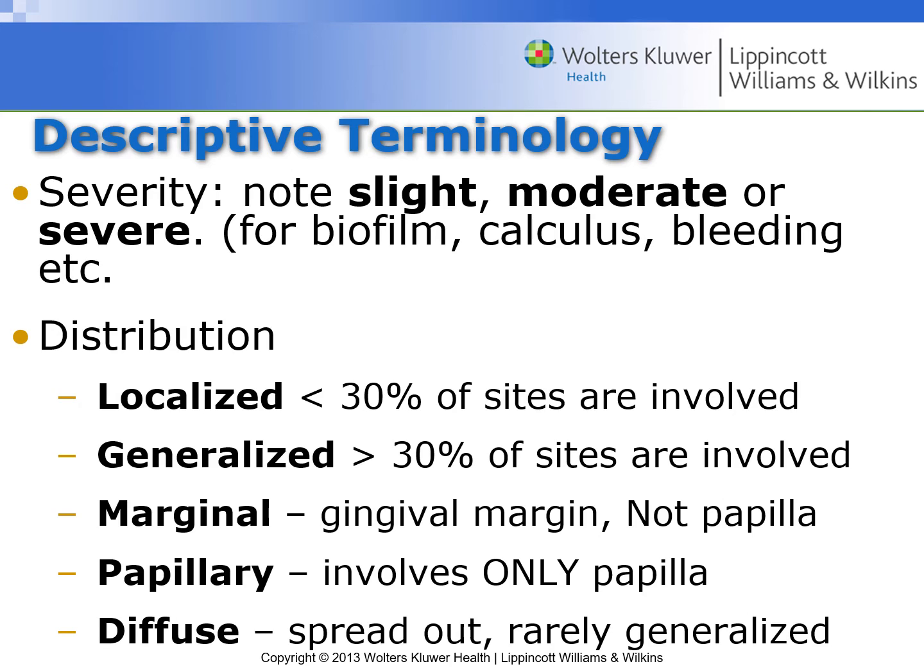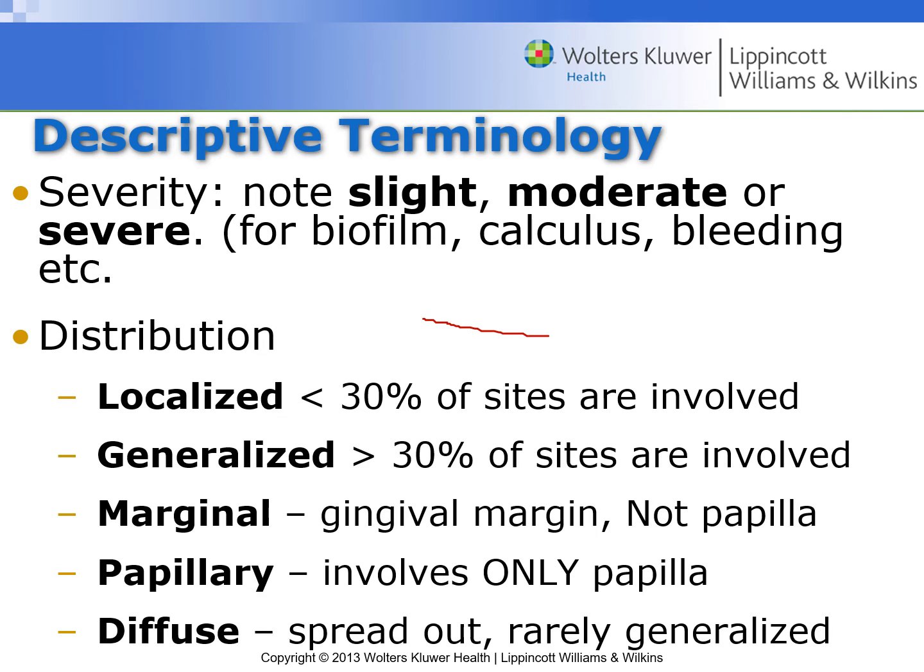A lot of times we just deal with one quadrant, like 8 teeth. So if we're going to say 30% of 8 teeth, in the one quadrant, if calculus or bleeding or plaque is on less than 2.5 teeth in that whole quad of 8 teeth, then it's going to be localized. If it's more than that, it's going to be generalized.